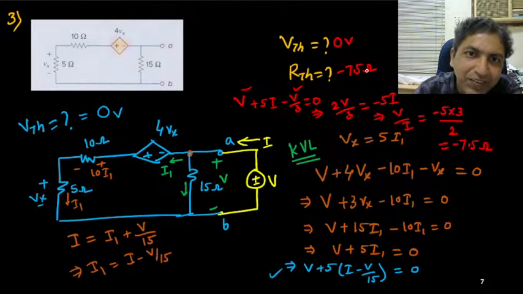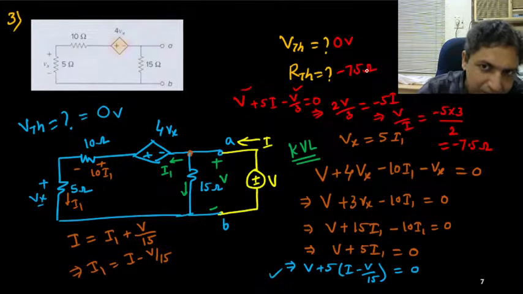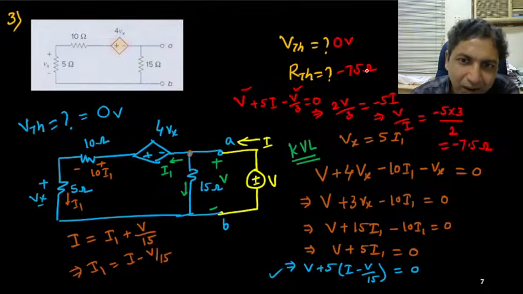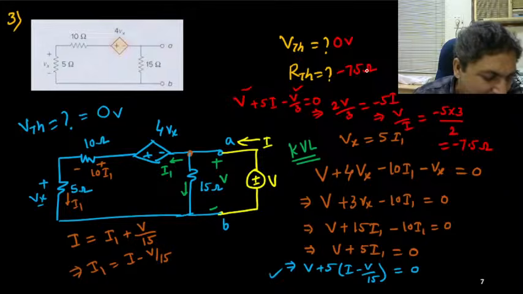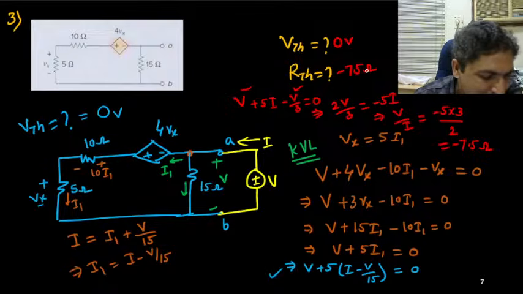If it contains a dependent source, it may be negative, but sometimes it is also positive. Okay? But if we find the equivalent resistance or Thevenin resistance is negative, obviously the circuit should contain a dependent source. Otherwise, it cannot get a negative resistance.